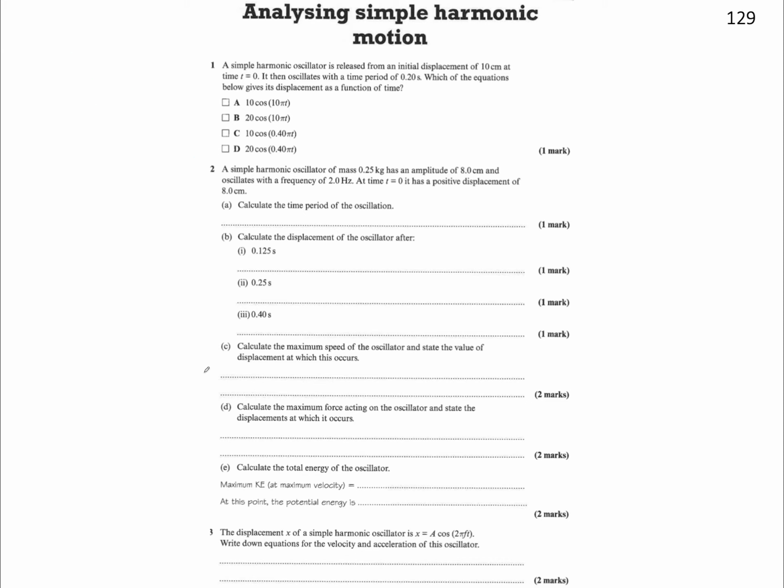Calculate the maximum velocity. The equation we use to work out the velocity in simple harmonic motion is given by the amplitude multiplied by the angular velocity omega multiplied by sine of omega t. Omega, as we know, is equal to 2 pi f.